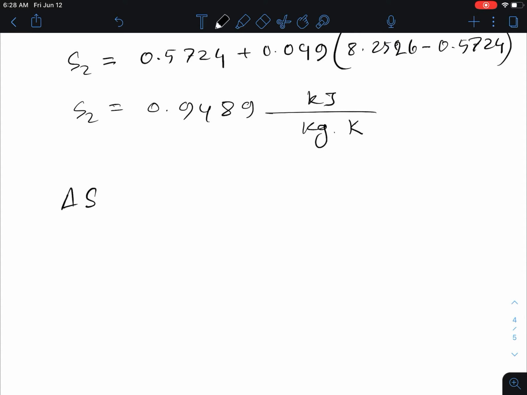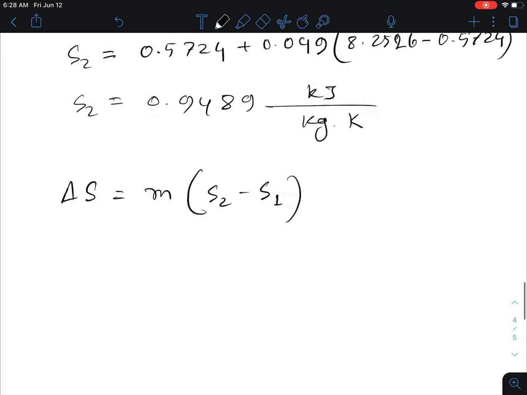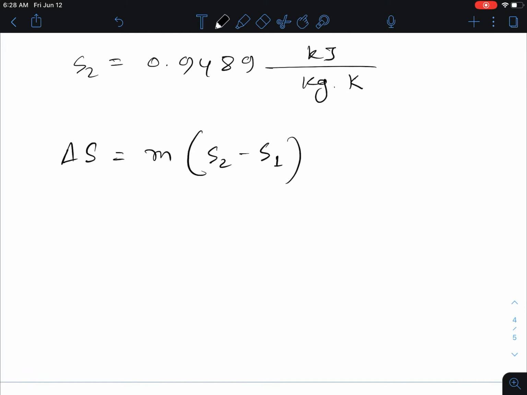The entropy change from state 1 to state 2 is nothing but mass times entropy of state 2 minus entropy of state 1. We don't know the mass, so we have to calculate it. In the previous class I told you guys that the specific volume is the reciprocal of density, which is volume divided by mass.